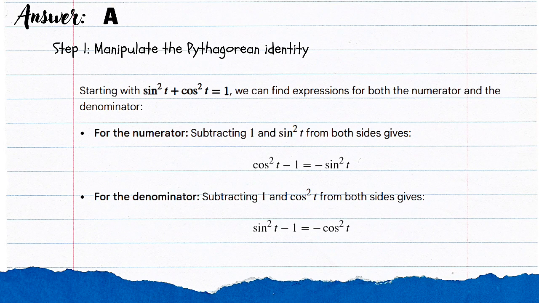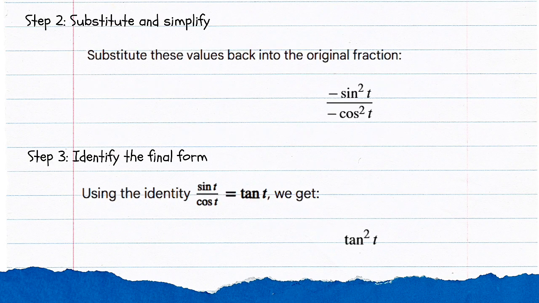And for the denominator, we subtract 1 and cosine squared t from both sides. It gives us sine squared t minus 1 equals negative cosine squared t. Step 2 is to substitute and simplify. Substitute those values that we obtained back into the original fraction. It's negative sine squared t over negative cosine squared t.